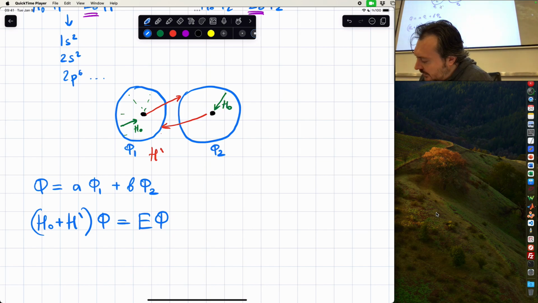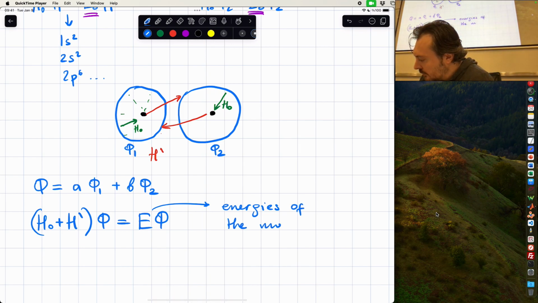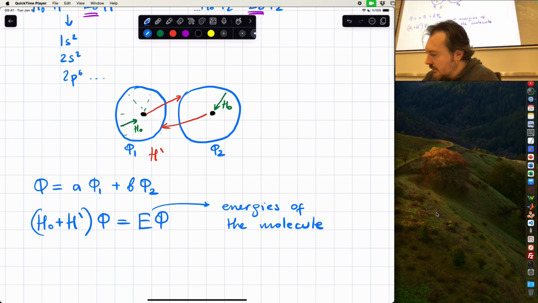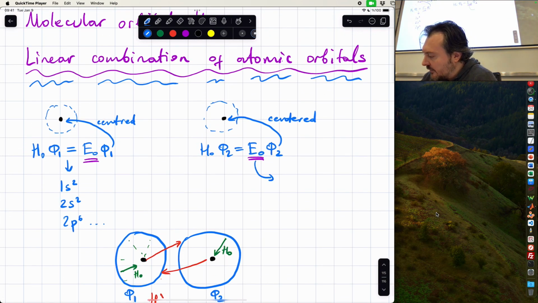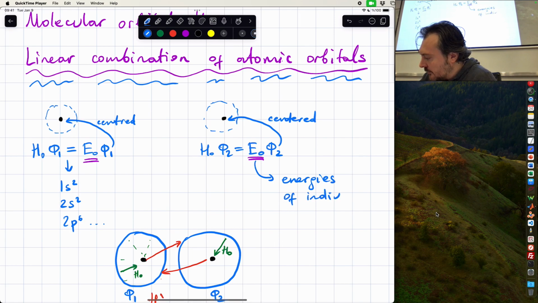So these will be energies of the molecule, while these were energies of individual atoms.